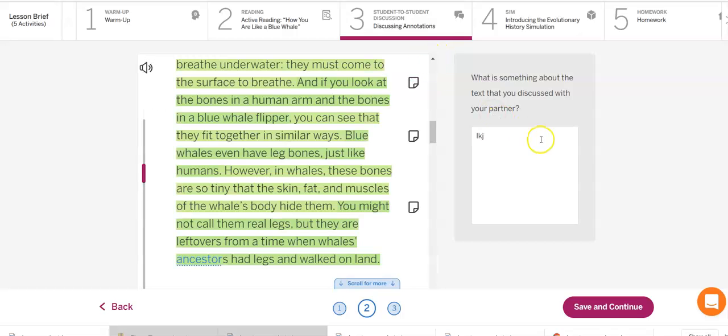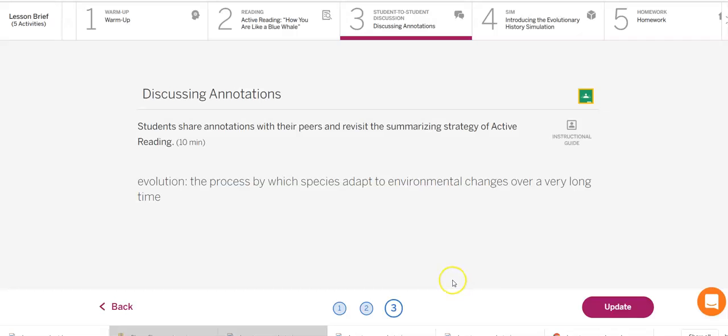And then over here is, what is something about the text that you discussed with a partner? Well, you didn't discuss it with a partner, but you can tell me something that you think we need to discuss. Or you could put on there what you're going to put in the Google Classroom comments. All right, we'll save and continue.